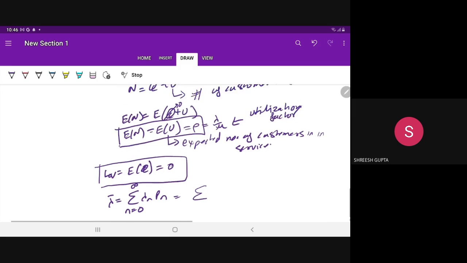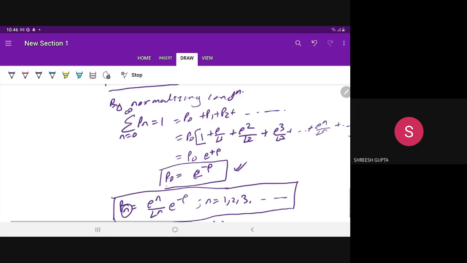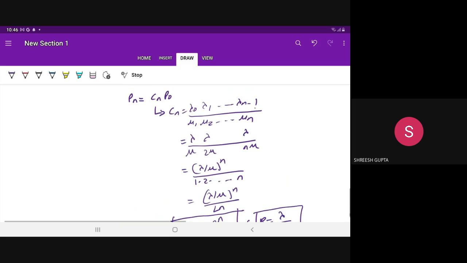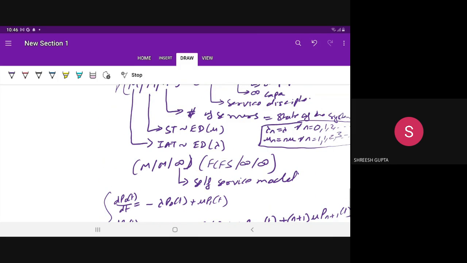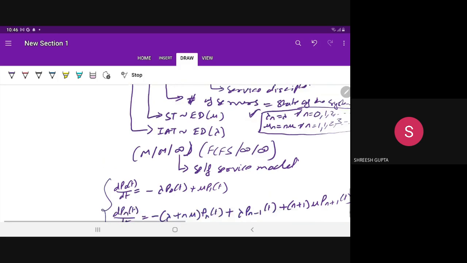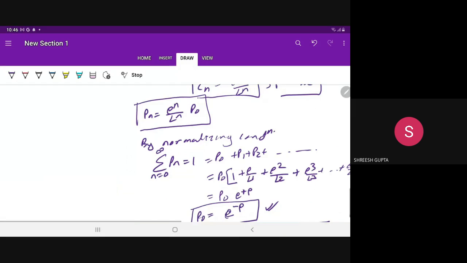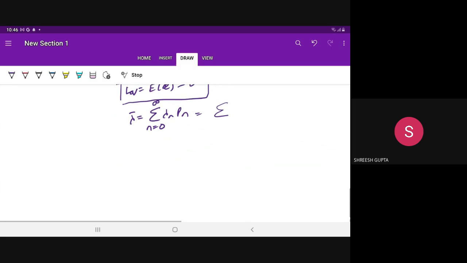It is given to you for the self-service model: for the self-service model, all the lambdas are lambda. So if you put this value, this becomes summation n is equal to 0 to infinity lambda into Pn. This can be written as lambda times summation n is equal to 0 to infinity Pn. And what is this summation Pn? Anyone, please?